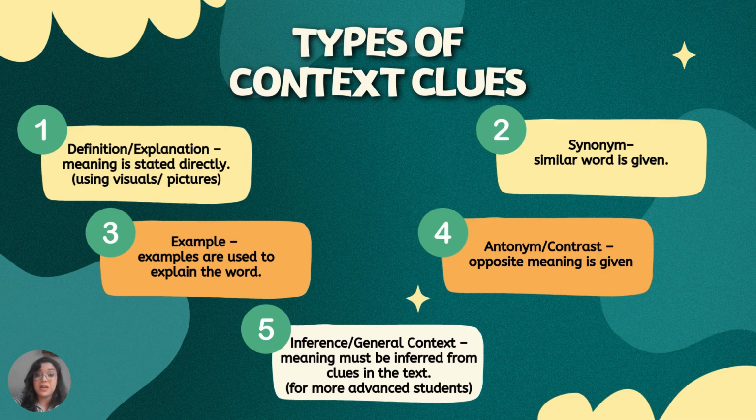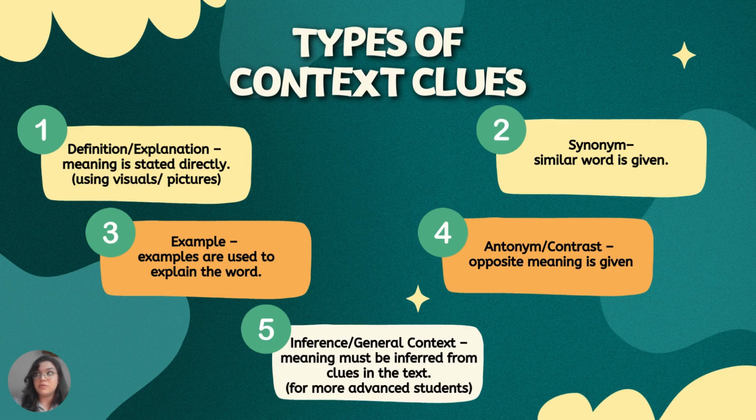Now, number two, synonyms. Find different words to understand the meaning of the word. Number three, we got examples. Examples are usually used to try to understand the context, because while you give an example, your students can also learn more words and they can find the context of the word without necessarily having a translation. Number four, we got antonym and contrast. The opposite, exactly the opposite of the word that you have been given.